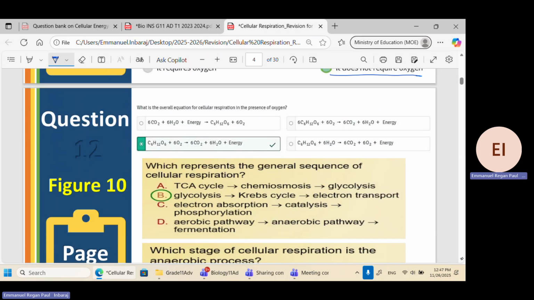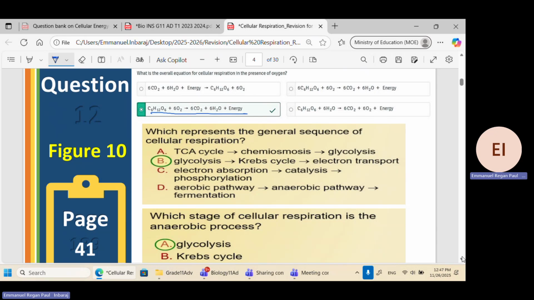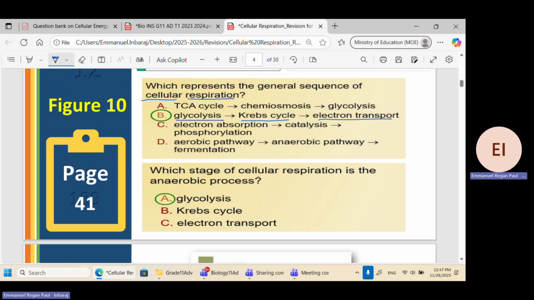Okay, what is the overall equation of cellular respiration? You know that C6H12O6 plus O2. Okay, this we know. Next, which represents the sequence of cellular respiration? The first one is glycolysis. Number two, Krebs cycle, and three, electron transport. Which stage of cellular respiration is anaerobic?